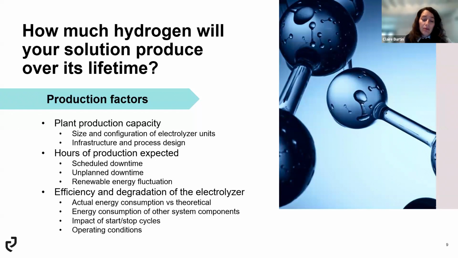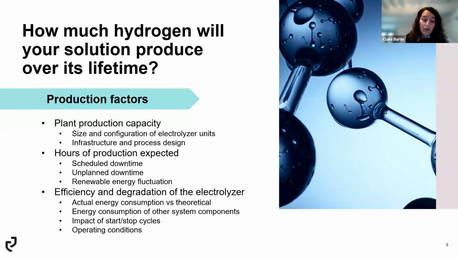You also need, and that's really important, if you are operating in a start and stop mode or with cycling, which means that you probably have an input from renewable energy, to account for the impact of the start and stop cycles on the degradation of your electrolyzer, but also account for how long it takes to restart your electrolyzer.